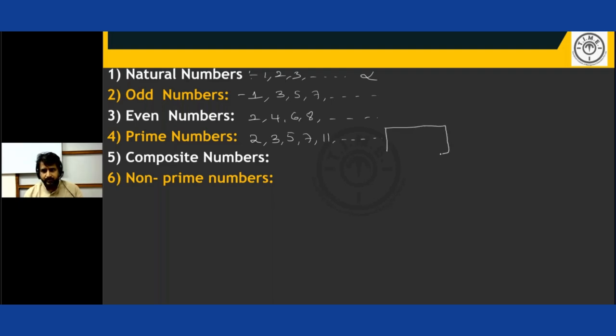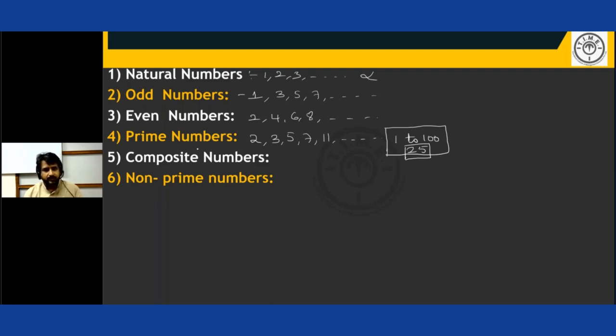What I suggest is to try to remember the prime numbers from 1 to 100. Between 1 and 100 you have a total of 25 prime numbers. Try to remember these 25 prime numbers, which will definitely help you when you are solving number series questions in the exam.